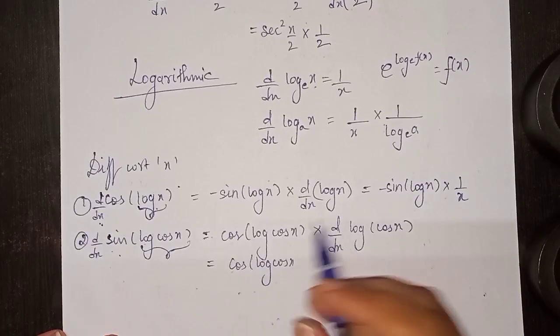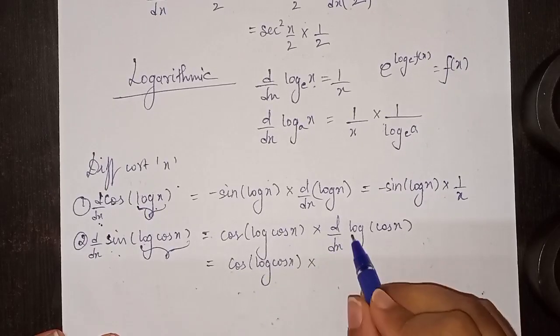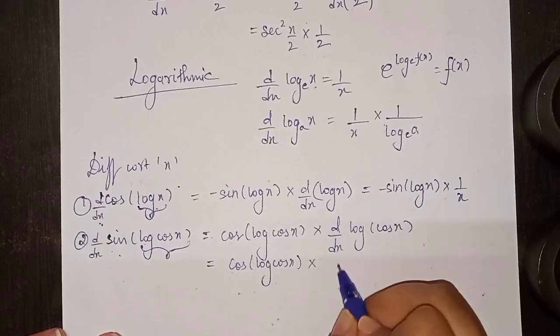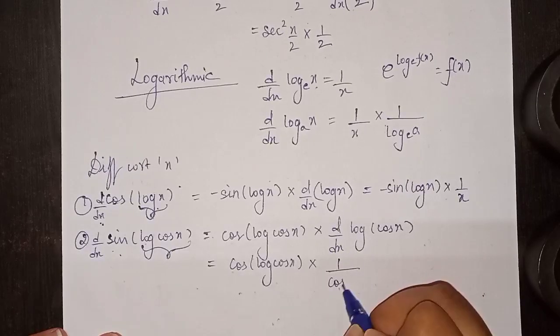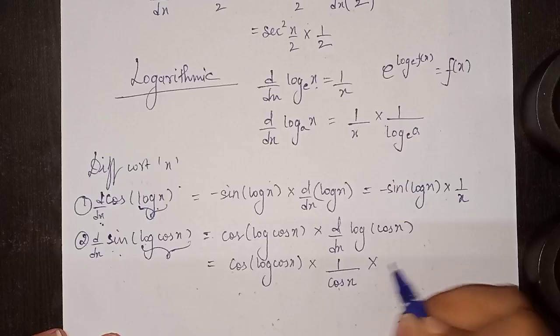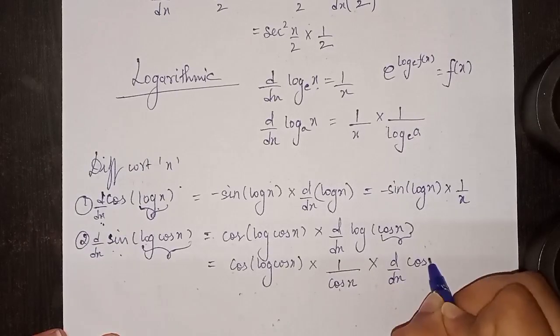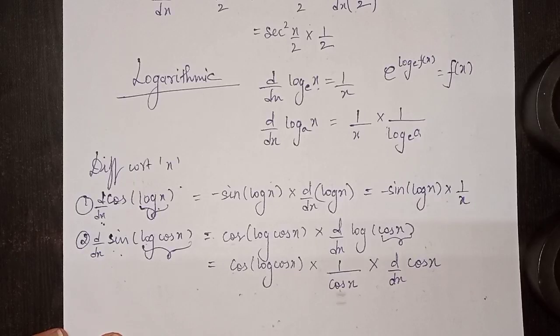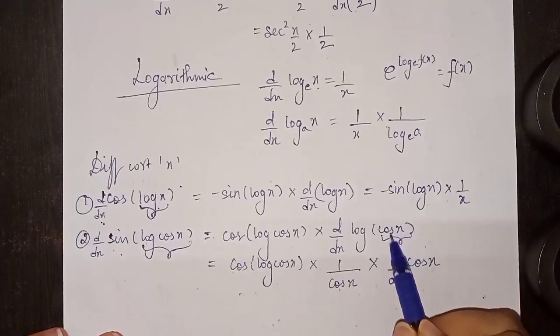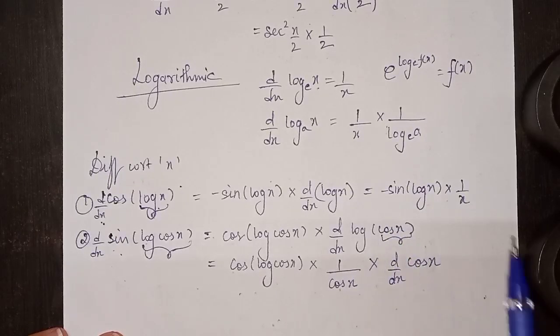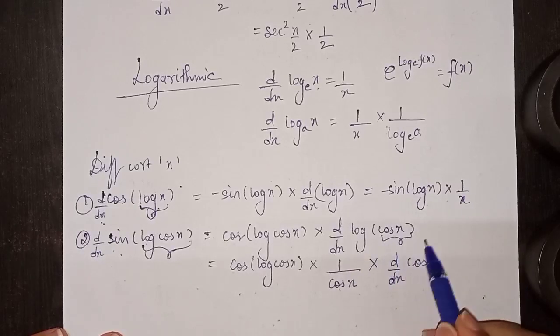Cos(log cos x) into d by dx of log cos x, that is 1 by cos x multiplied by differentiation of the inner function, that is d by dx of cos x. See, d by dx of log f(x) is equal to 1 by f(x) into d by dx of f(x). So that is what I am doing here.